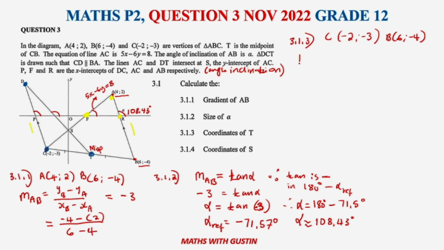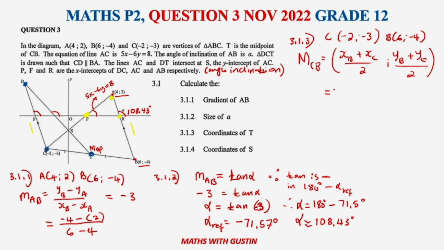So therefore the midpoint, capital letter M of CB, is going to be given by x at B plus x at C divided by 2, y at B plus y at C divided by 2, close bracket, is going to be equal to, now we can substitute our coordinates here.